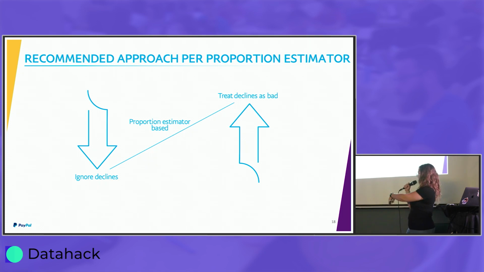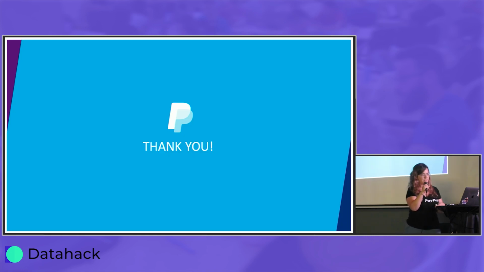On the other hand, if the proportion estimator is very low, we have very low precision, or the population is very small, we can just ignore the declines. But if we're somewhere in the middle, the approach that we introduced today, the proportion estimator-based approach, may just be what you need. So thank you for listening. Are there any questions?